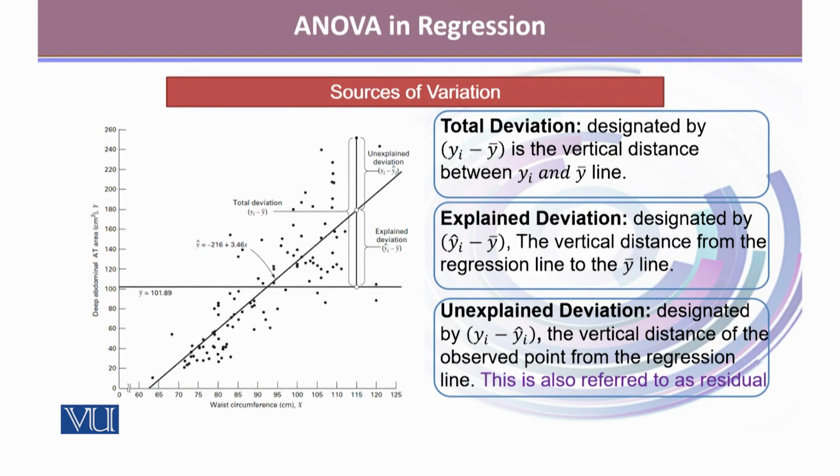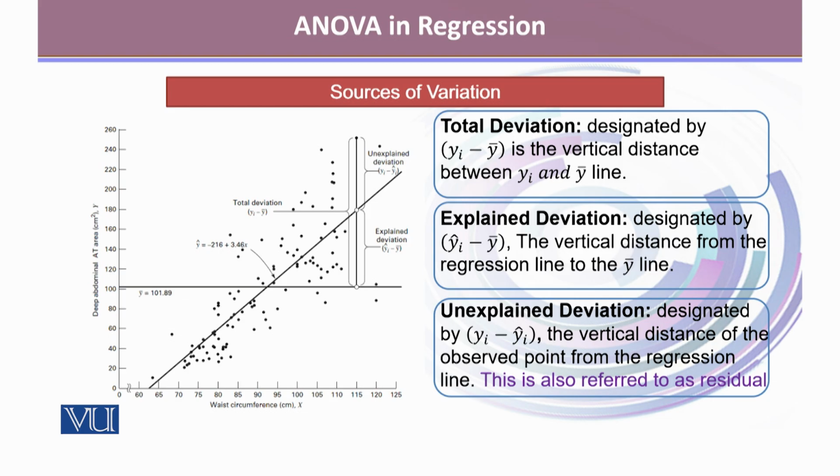When we fit a regression model to data, various kinds of variation arise. Here we can see it from this figure. We have a scatter plot with a straight line drawn in the middle. This straight line is an average line which must pass through the mean of x and the mean of y.